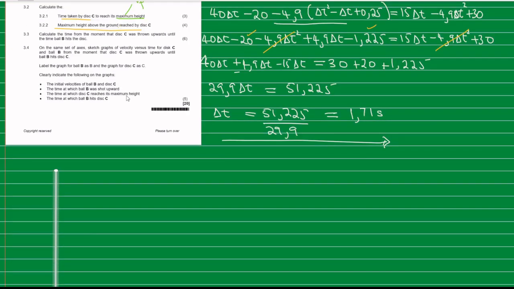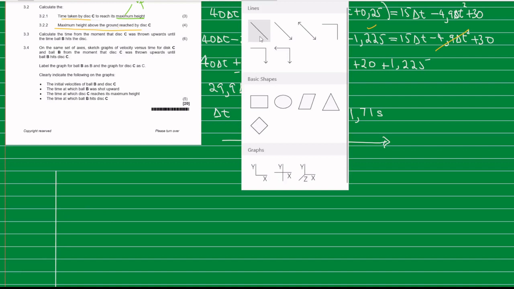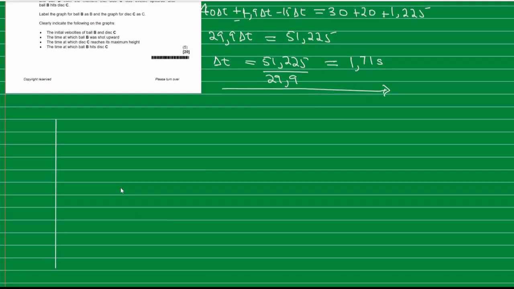As we are given, we are going to sketch a velocity versus time graph. So this is our vertical line, and we are going to have our time axis over here. Okay, so this is our 0. We know that velocity can be positive or negative, so this is the positive and that is the negative. And then this is our time t.